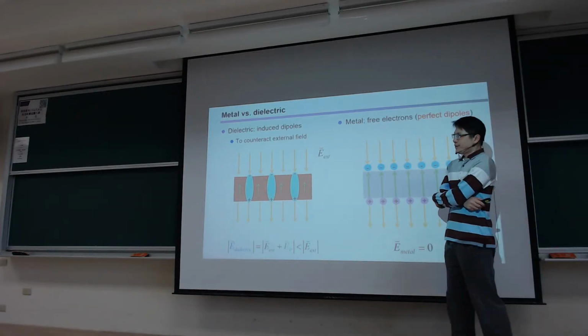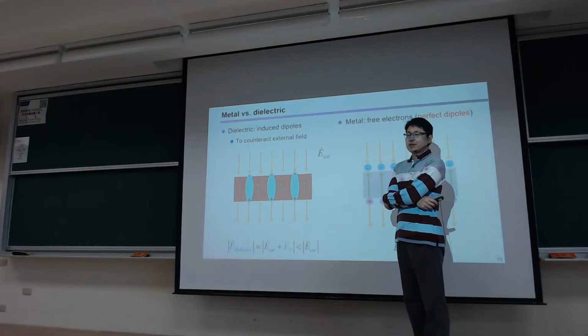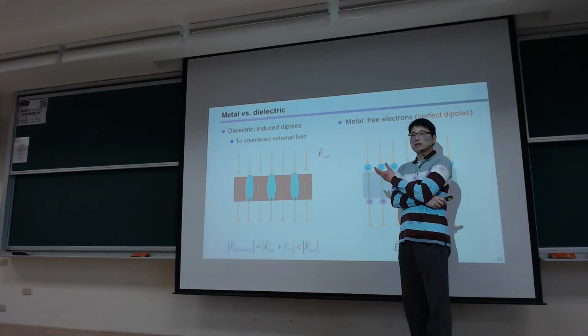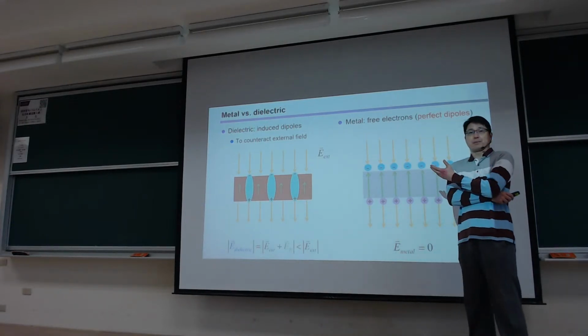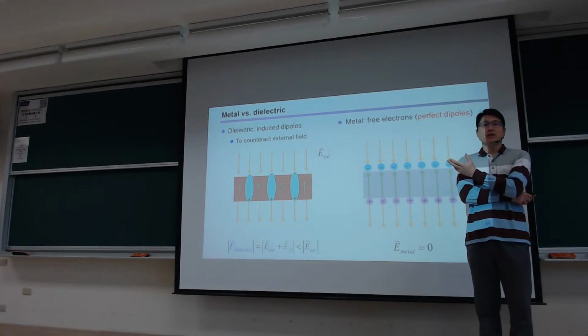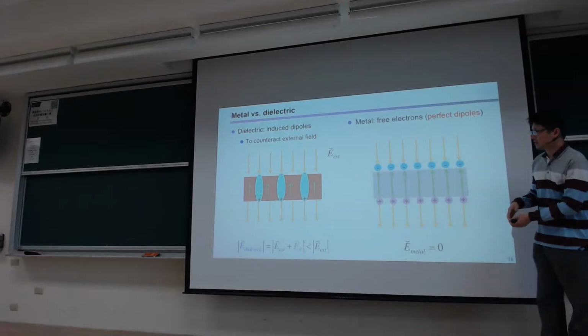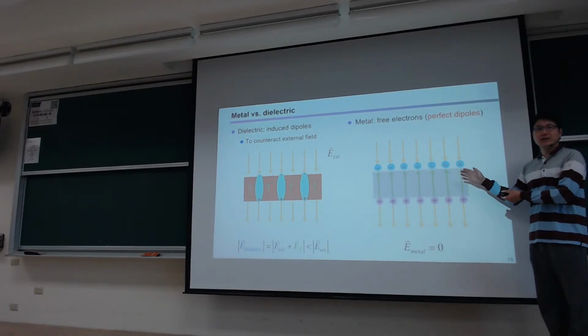Alright, so now that we know dielectrics are somewhat imperfect metals, when we talk about their ability to form induced electric dipoles: for metals, we have a lot of free electrons.